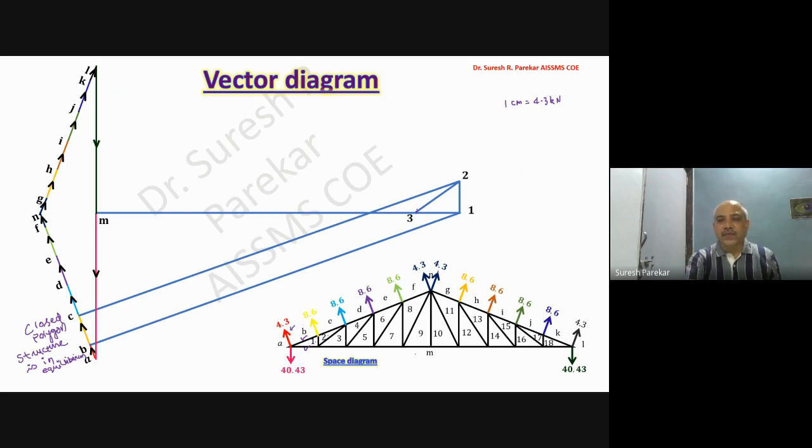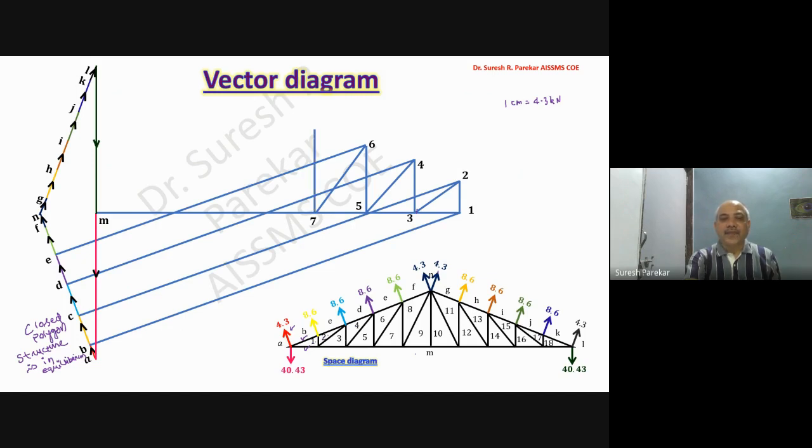Then we have 3 4 and then D4. Likewise we can go 4 5 and M5. So this is 5. Then we have 5 6 and then E6, point 6. Then 6 7, M7. Then 7 8, F8.